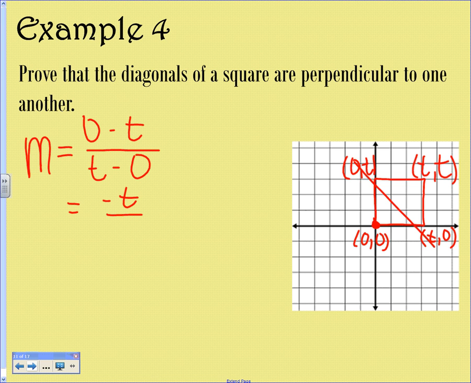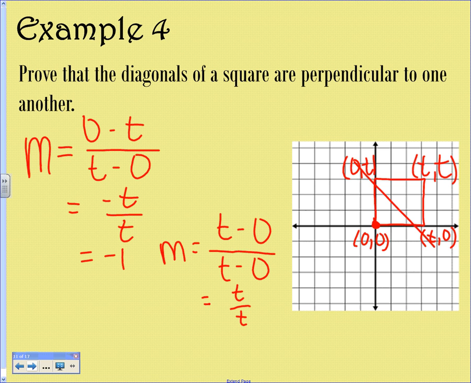Negative t over t, which is negative 1. How do we find the slope for the other one? t minus 0 over t minus 0, which is t over t, which is 1. So how do we know they are perpendicular? They're opposite reciprocals. Therefore, the diagonals of a square are perpendicular. That's your proof. That's all you have to do. Not too bad, huh?